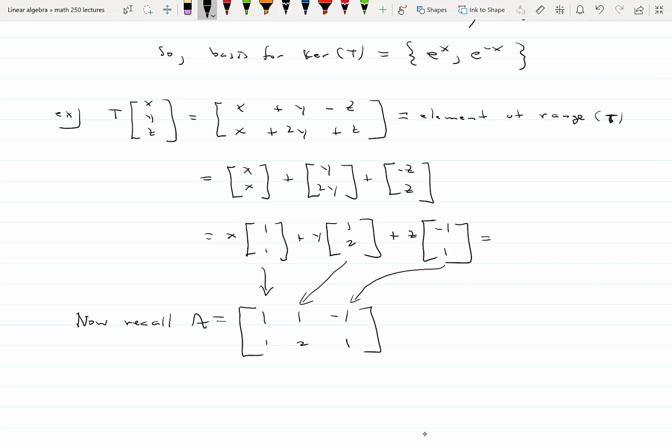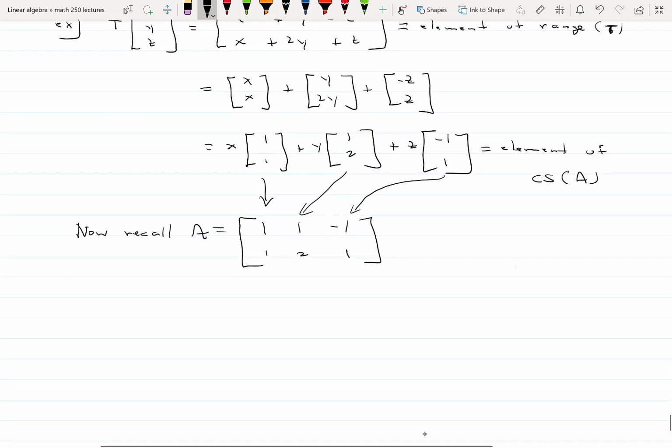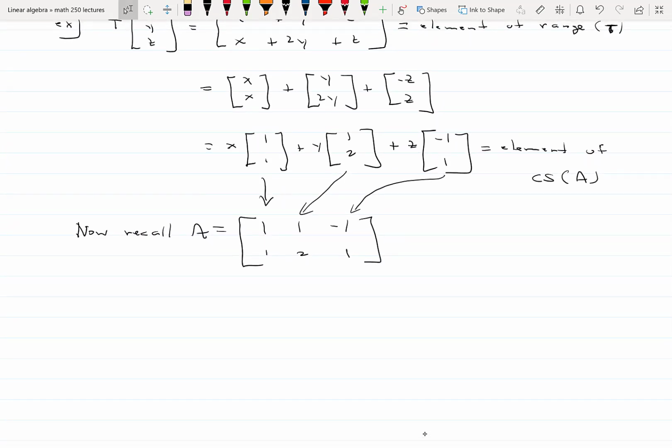This is just a linear combination of the columns of A. So this is an element of the column space of our matrix A. You thought we were done with null space and column space. No, we were studying them for a reason, and this is the reason.